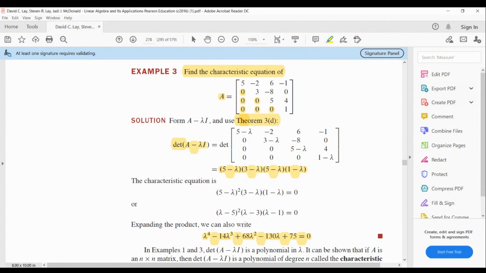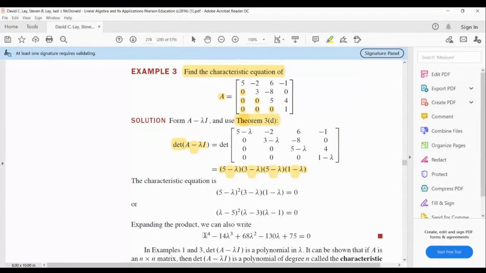If you set this factored form equal to 0, the eigenvalues are going to be 5, 3, 5, and 1. And actually, the eigenvalue 5 has what we call multiplicity 2 because it occurs twice. The eigenvalues 3 and 1 each have multiplicity 1.